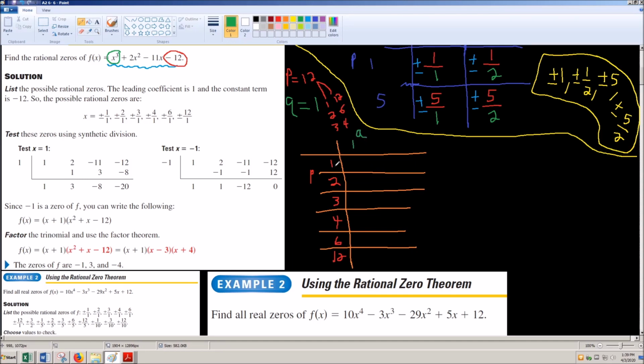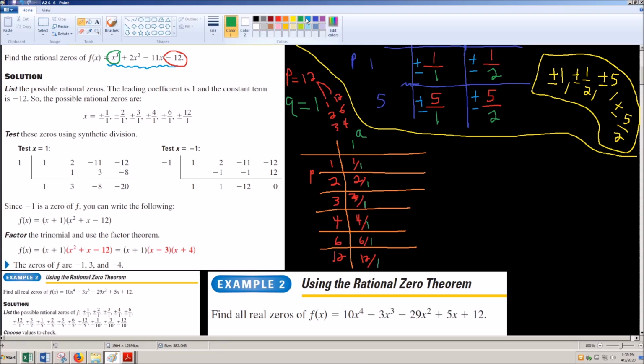So all of these p's over all of these q's are just going to be 1 over 1, 2 over 1, 3 over 1, and all these things are just going to end up being the numbers themselves because I'm just dividing by 1 each time. Kind of boring, but I will still write it out for you.